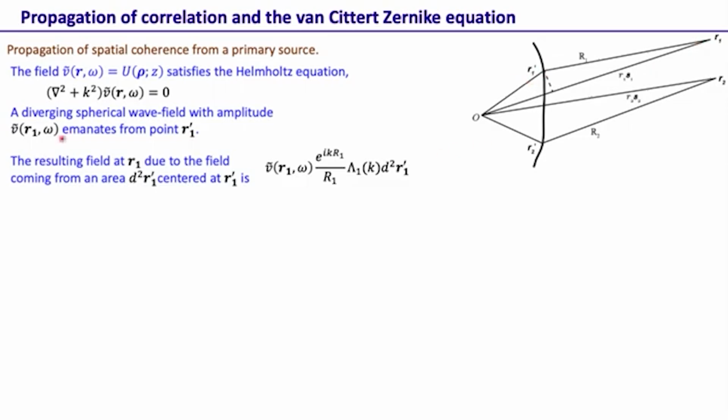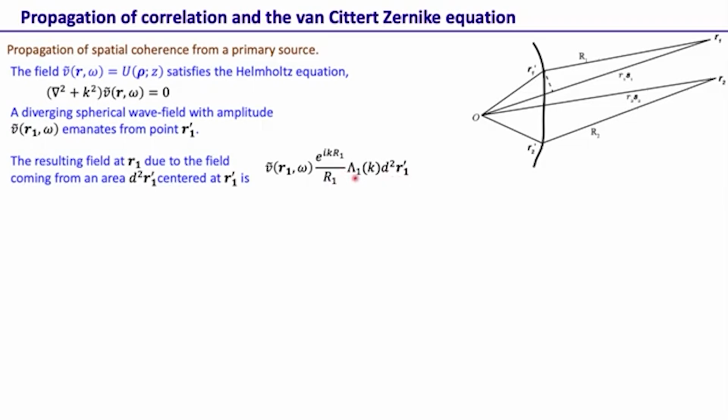But since at r1 prime the amplitude is V tilde (r1, omega), the total contribution will be V tilde (r1, omega) times e to the i k r1 by r1. And since we are also considering a tiny area d2r1, the contribution from that tiny area is simply obtained by multiplying this quantity by d2r1.